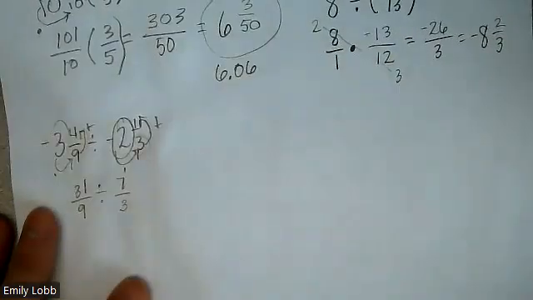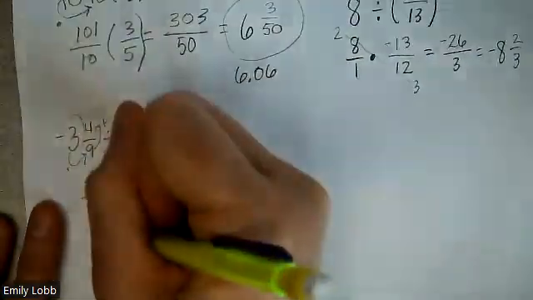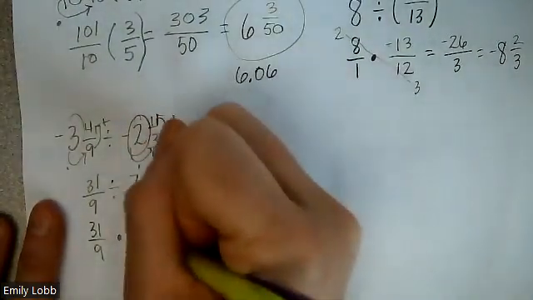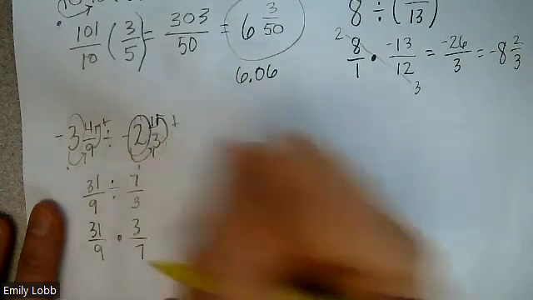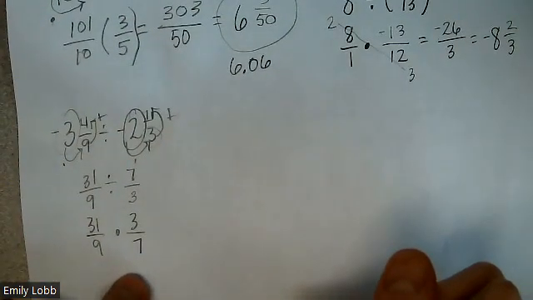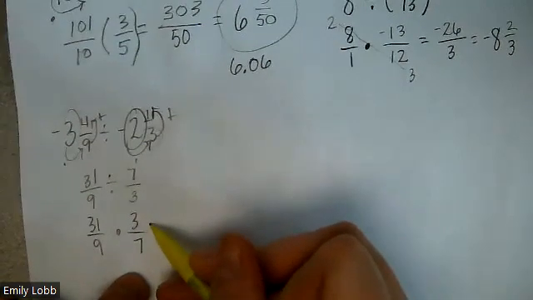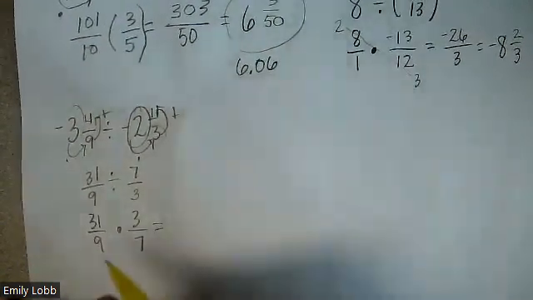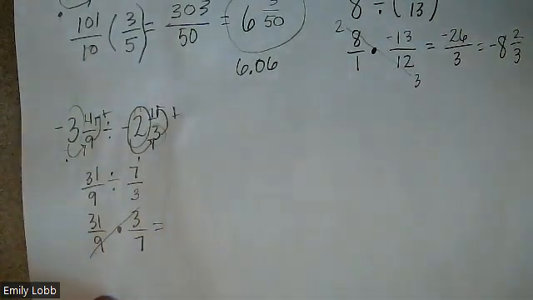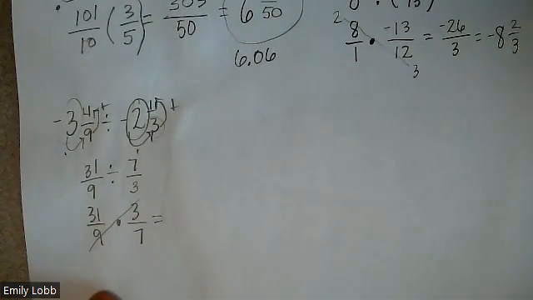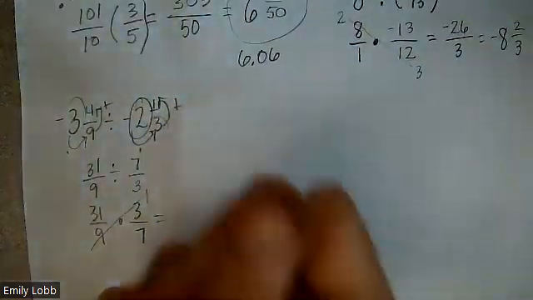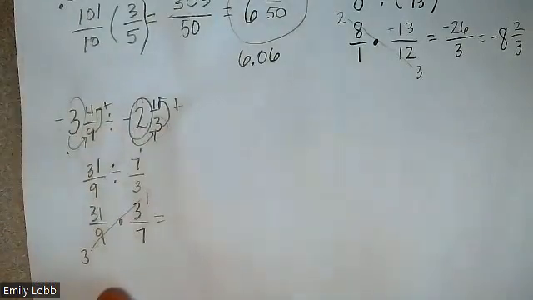Can I just multiply across now? No, do not forget to keep, change, flip. All right. Looking across this diagonal, what factor can I take out of the 3 and the 9? 3. 3 divided by 3 is 1. 9 divided by 3 is 3.